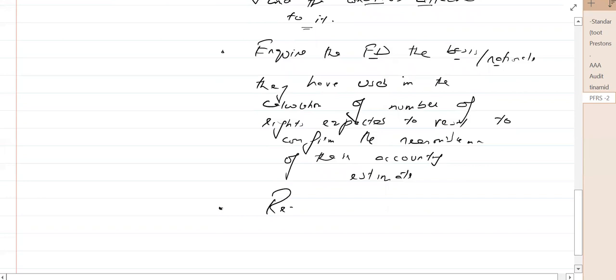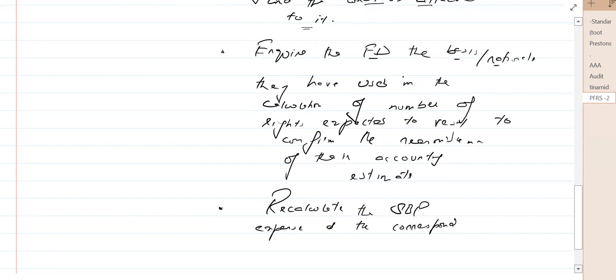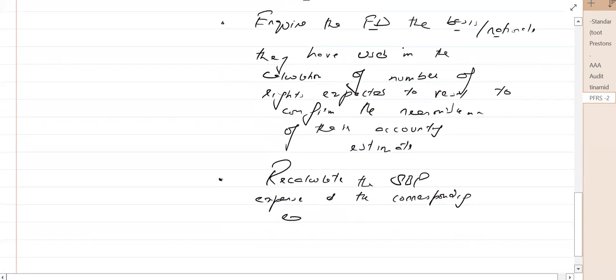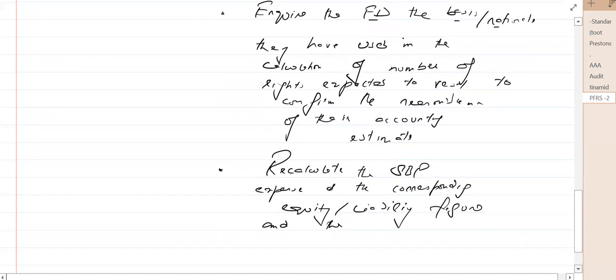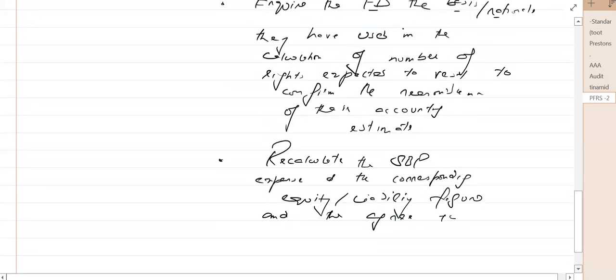You can also write: recalculate the share-based payment expense and the corresponding equity or liability figure, whatever the case is, and agree to the figure which has been recorded within the financial statements.